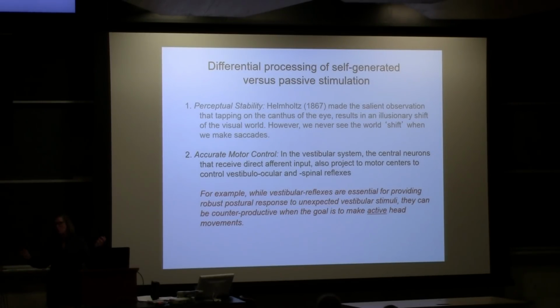If I move my head the same way because I want to return a tennis serve, I don't want to be mounting these compensatory reflexes to keep me upright, right? I want to return that serve. So when you're actually generating voluntary movement, this 3-neuron arc that generates vestibular spinal pathways is counterproductive, right? So you might actually want some way to modulate that based on what your intent was.